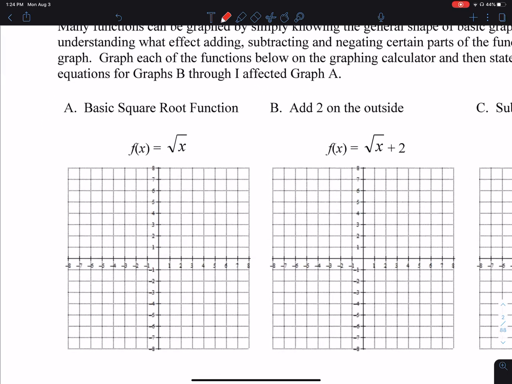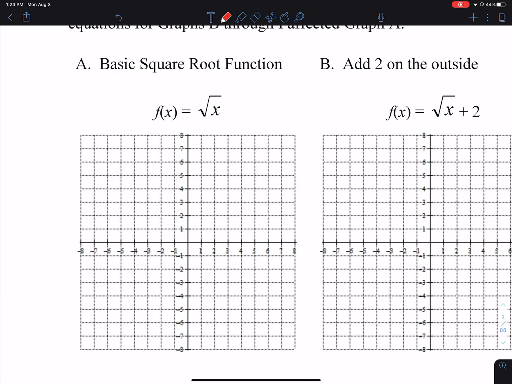Let's check out the basic square root function. Let me give you the rationale of where these ordered pairs come from, and then we'll graph them. If I were to make a simple t-chart, an xy chart, where y is the square root of x, I'm going to carefully choose numbers to put in for x that are perfect squares.